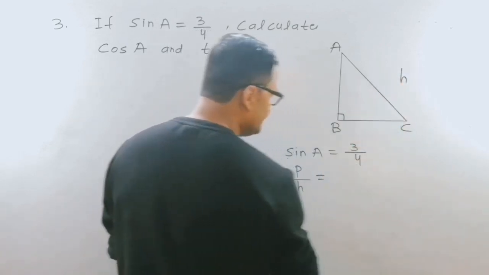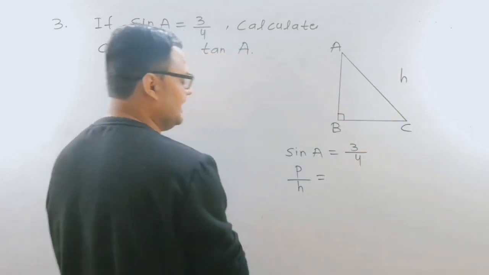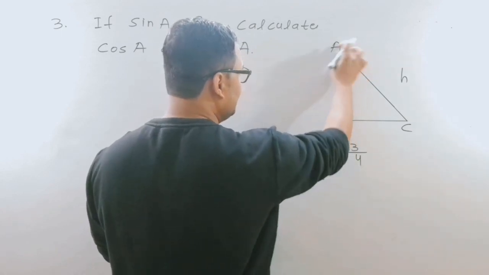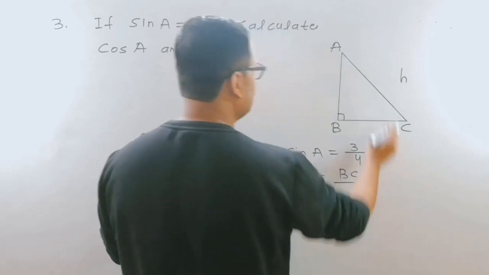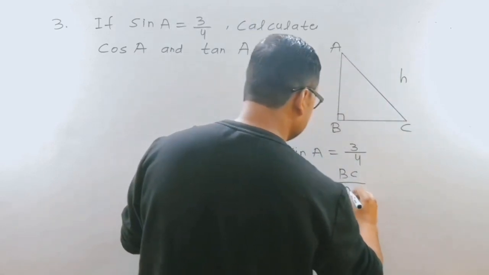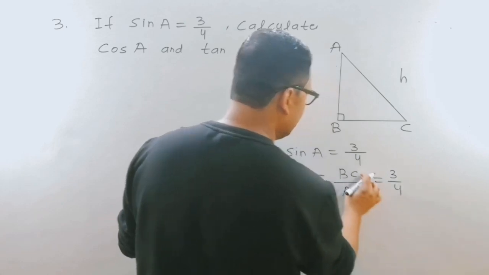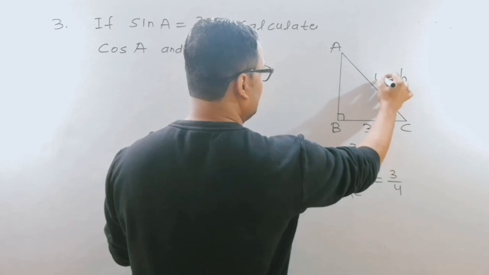Hypotenuse is never going to change. Hypotenuse is the side opposite to the 90-degree angle. So sin A is P by H. For this angle A, BC is the perpendicular and the hypotenuse is AC. The value is given as 3 by 4. It means BC is 3 and AC is 4.